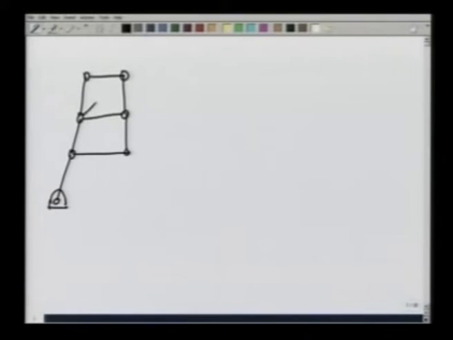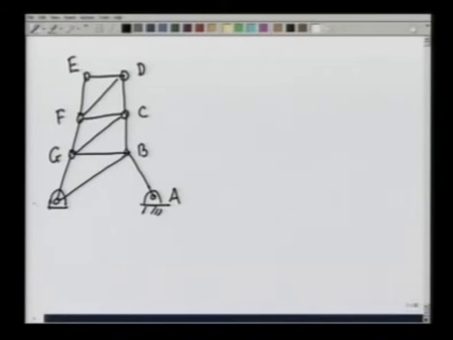This is a truss like this, where the lower point here is fixed, these are joined like this by rods, and this point is also joined by rod, and this point is then fixed here at point A. So, this is a truss A, B, C, D, E, F, G and H.